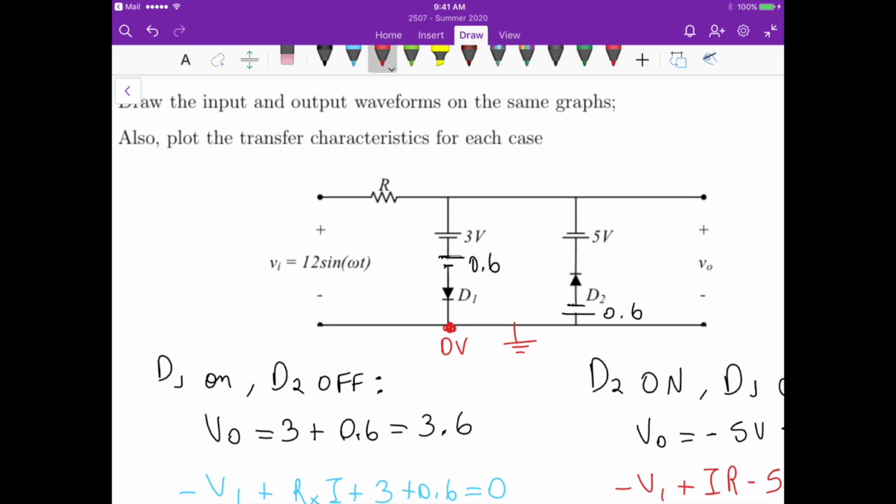First we have 0.6, so we are increasing that, so it's 0.6. Then we increase by 3 volts, that would be 3.6. Then we increase by another 5, suppose we are going clockwise. And then we increase again by 0.6, so a total of 9.2 volts.